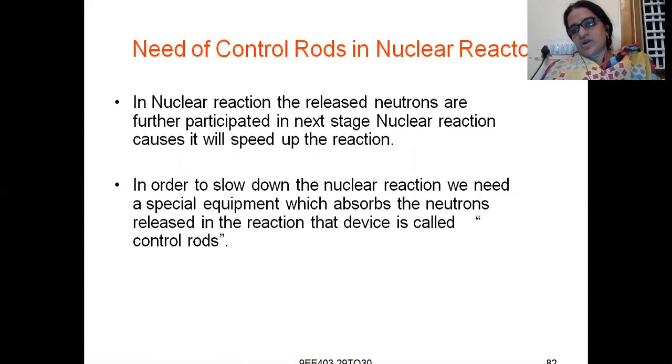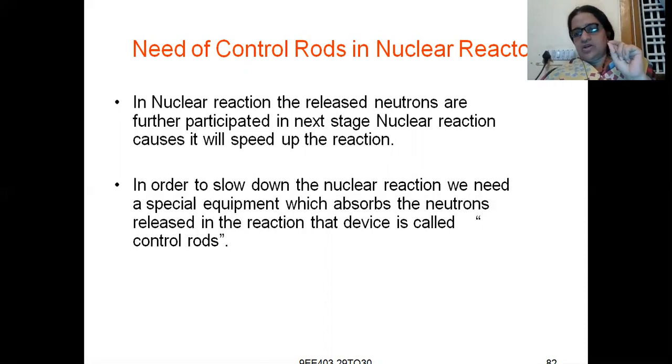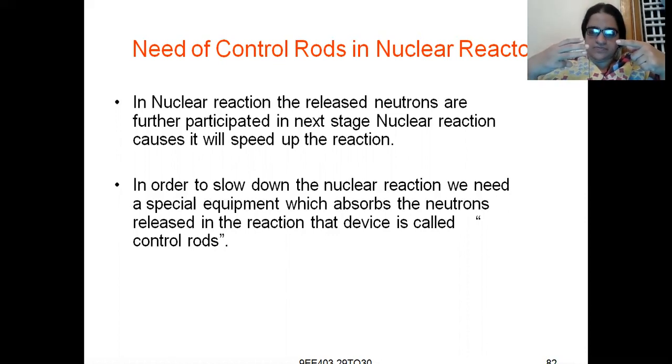What is the need of control rods in a nuclear reactor? In a nuclear reaction, the released neutrons participate in the next stage of the reaction and speed it up, so a chain reaction will never stop by itself. When one neutron bombards a uranium atom, you get three neutrons.